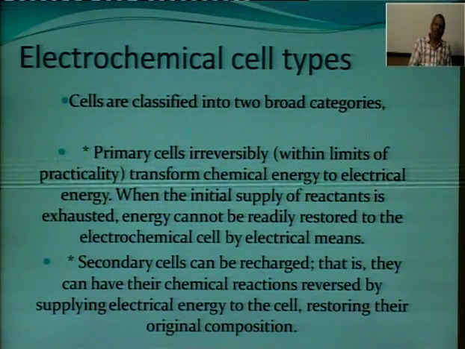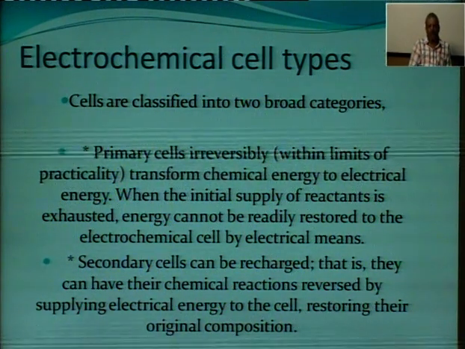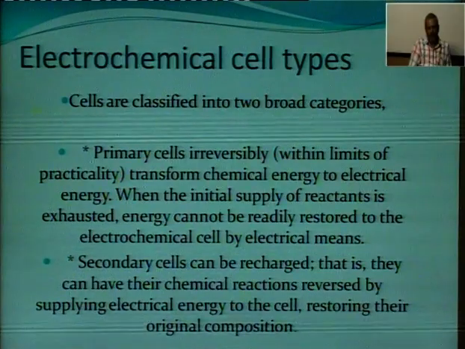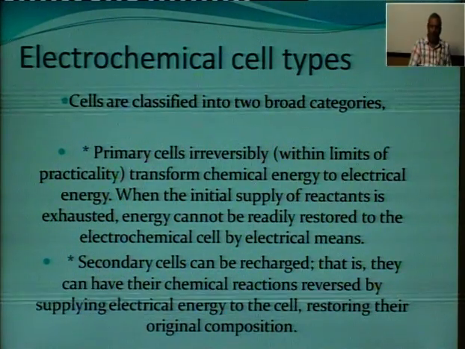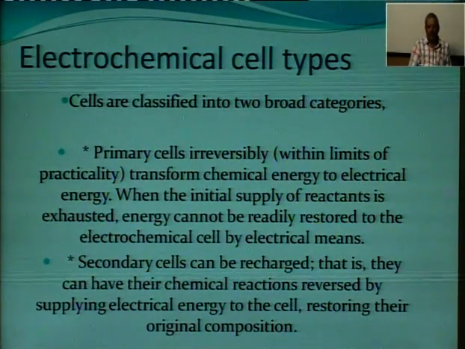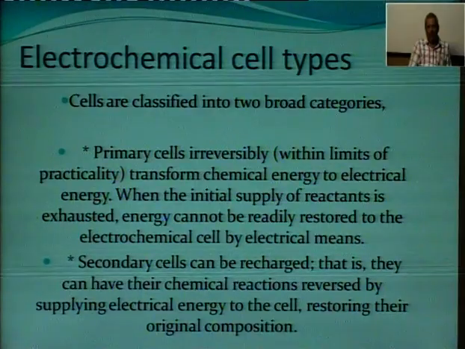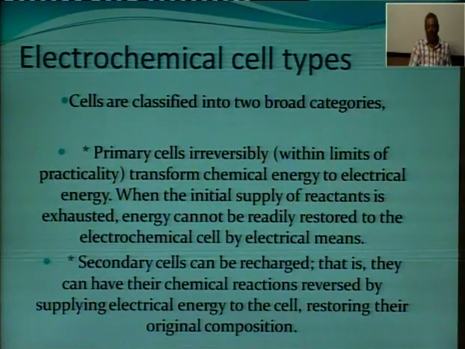Cells are classified into two broad categories: primary cells and secondary cells. So, first, primary cells irreversibly, within the limits practically, transform chemical energy to electrical energy.